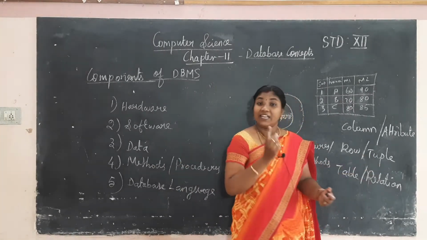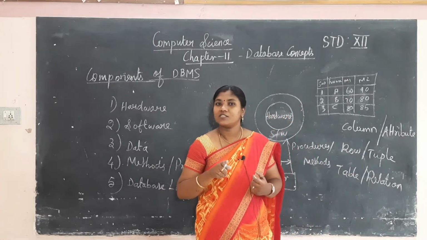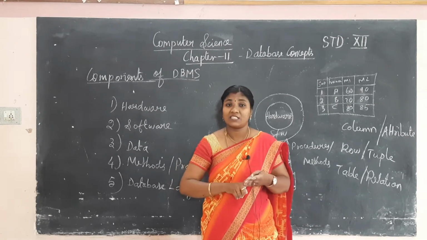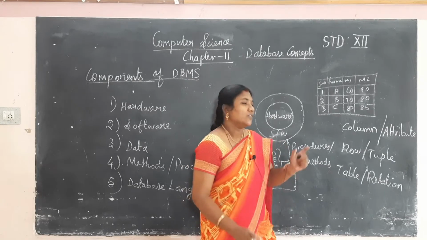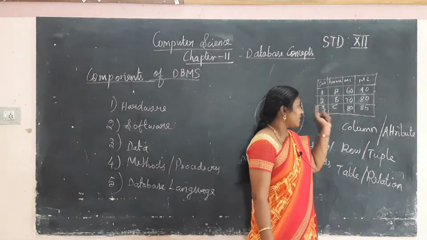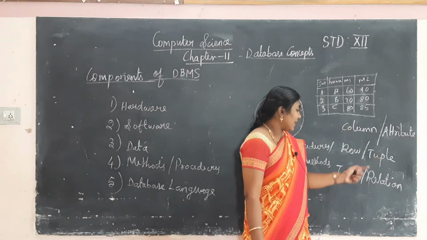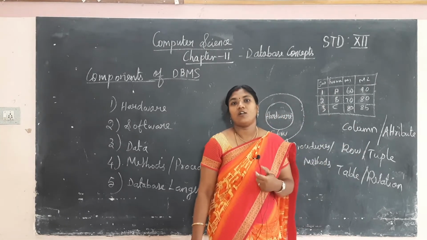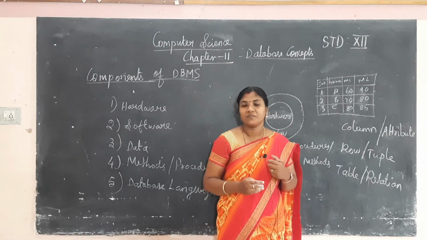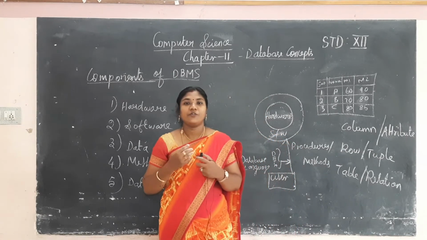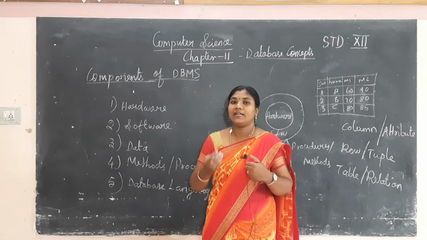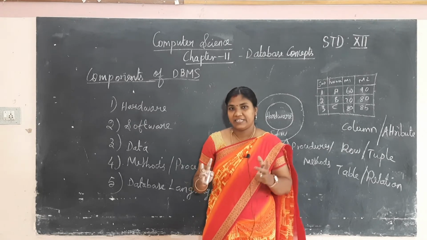In the 9th chapter you came across what is a list, what is a tuple, what is a set and what is a dictionary. I think you remember it. So that word tuple. Okay, so a record is called a tuple, and the next one, table. We name it as table, but here it is called a relation. Okay, so in database we represent the column as attribute, row as tuple and table as a relation.